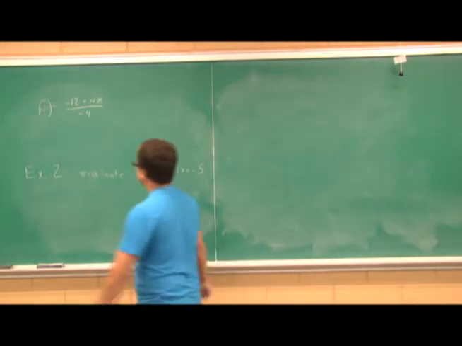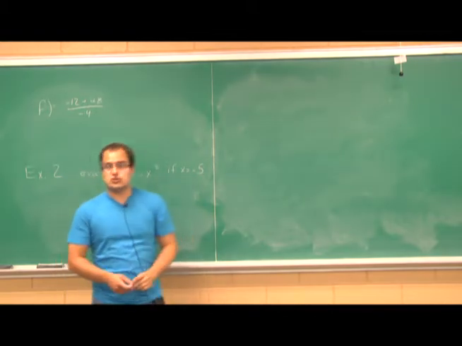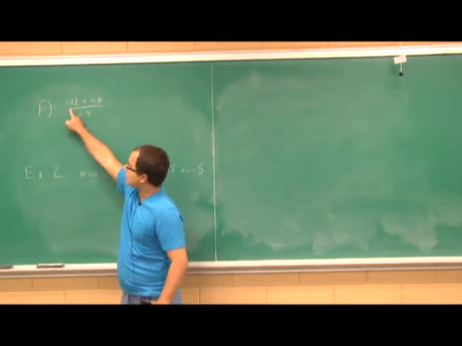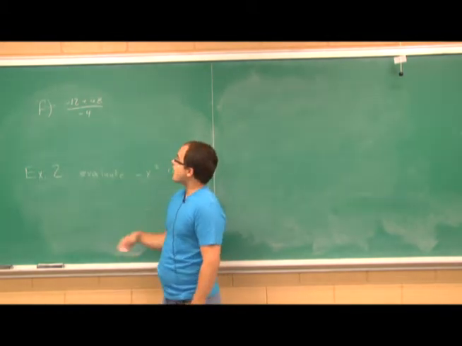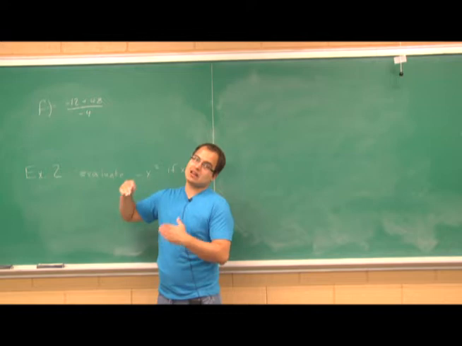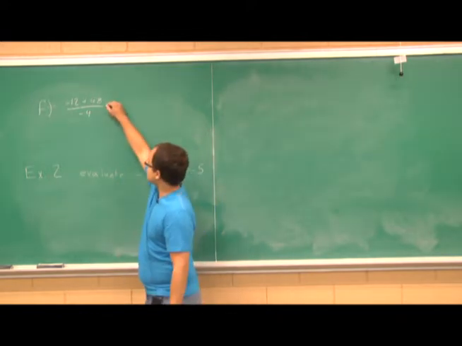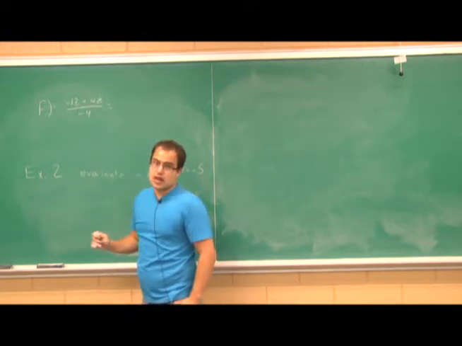Now F. Now, even though there is division and we should do division before addition, you have to remember that a fraction bar kind of acts like parentheses. And you have to do the numerator and denominator separately first before you do the division. So the first step in this one is the negative 12 plus 48.